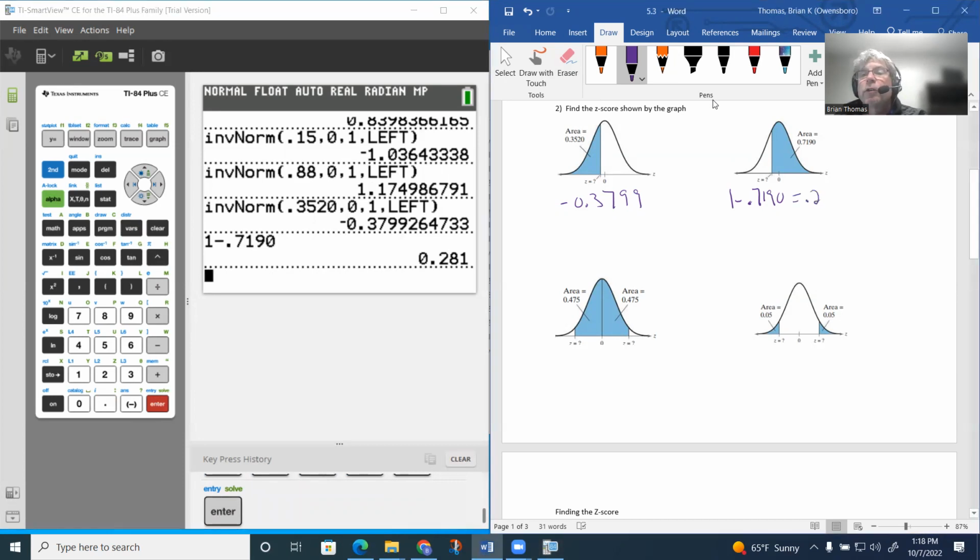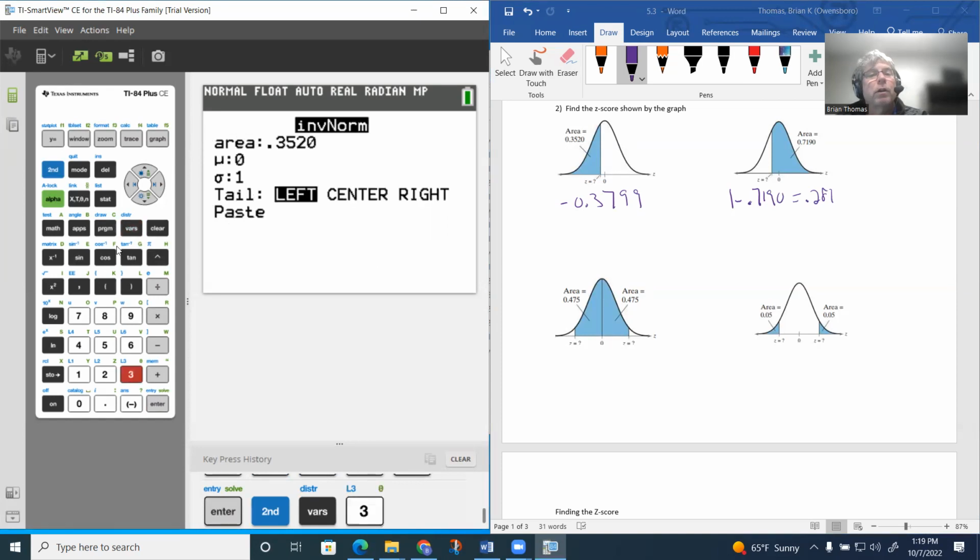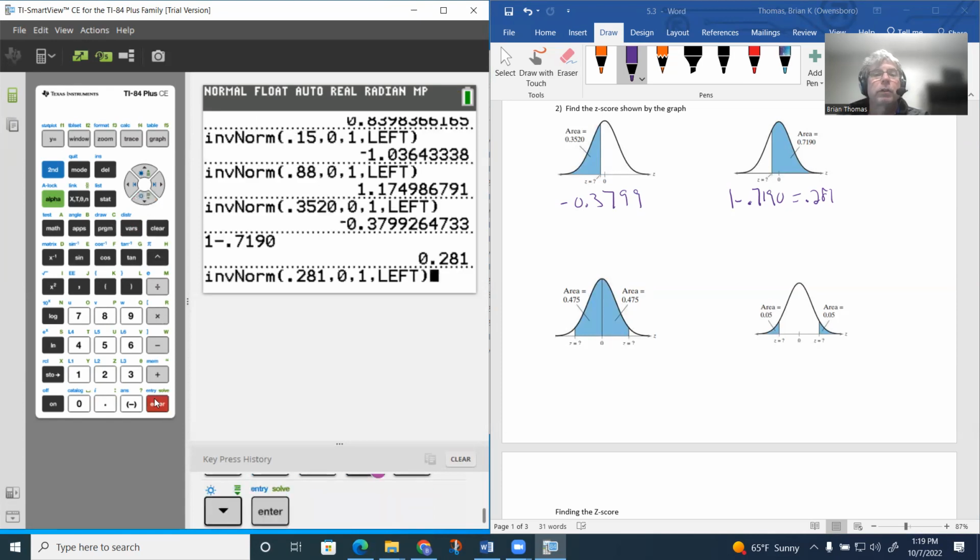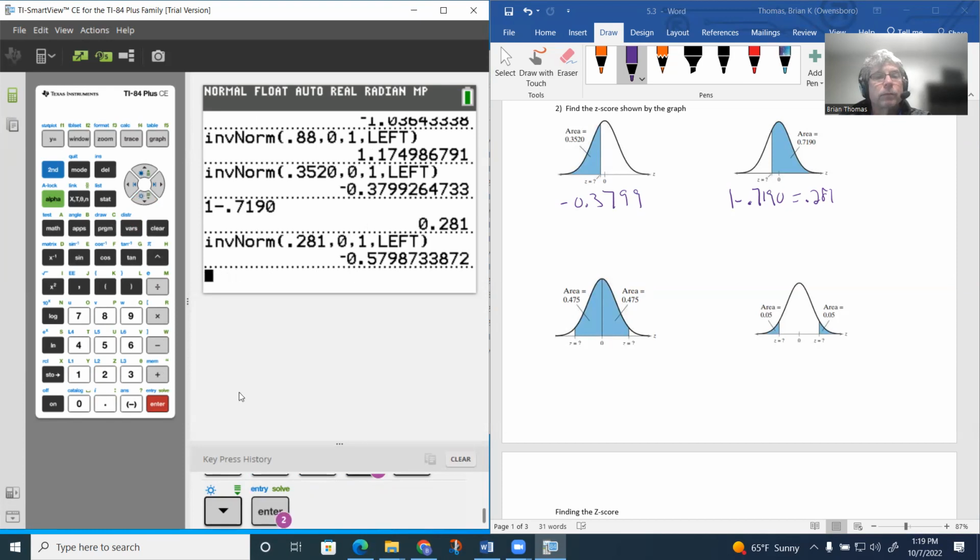So the area of the curve over here is 0.281. Let's see what z-score is associated with that 0.281. Second distribution, number 3, we type in 0.281, and we drop down.